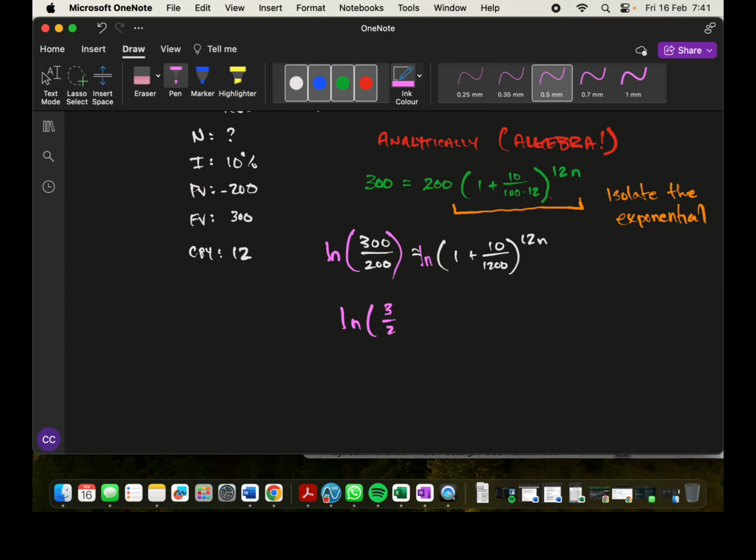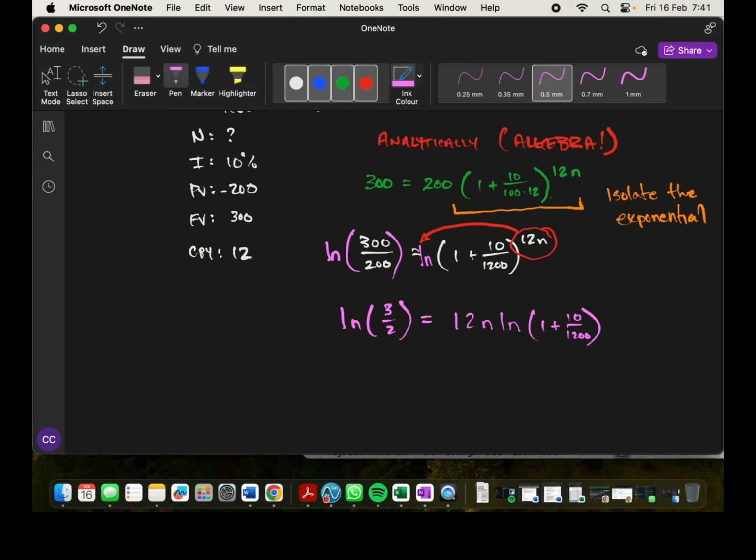So the natural log of 3/2 is equal to, and now I'm going to use my log laws and pop that exponent out front, so I get 12n times the natural log of 1 plus 10 over 1200.